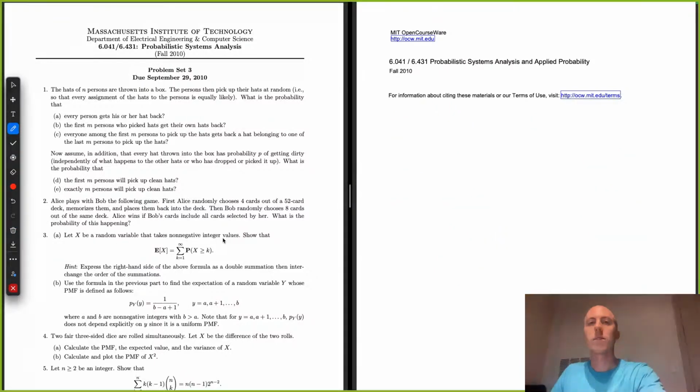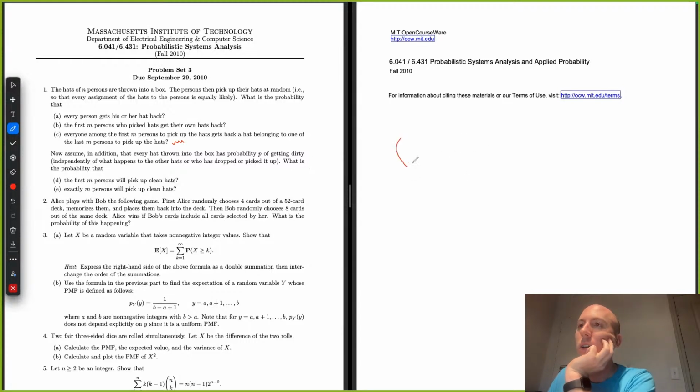Okay, so now part C. Everyone among the first m persons to pick up their hats gets a hat belonging to one of the last m persons to pick up their hats. Okay, the last m.